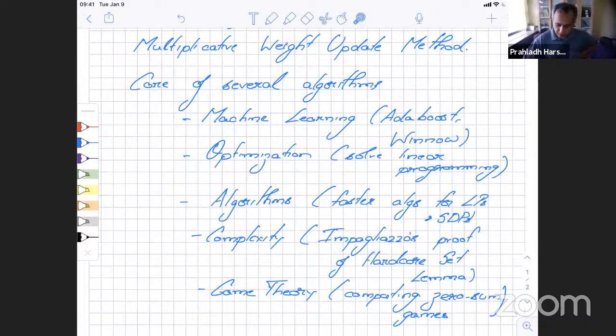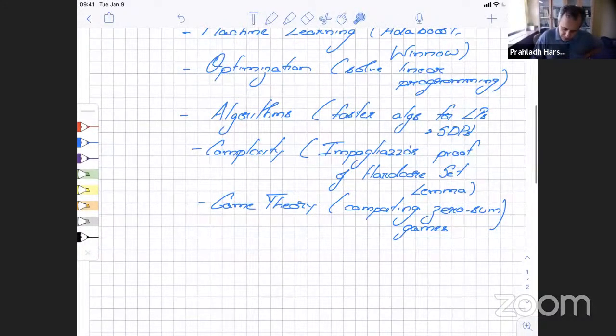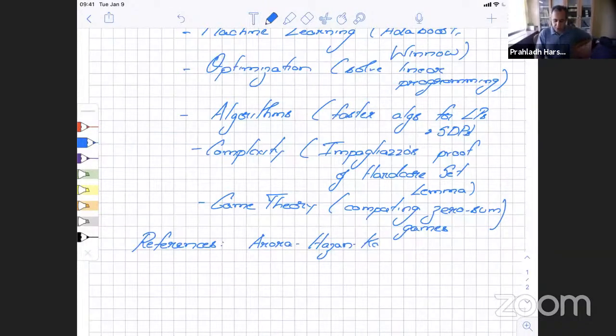Over the next lectures, and just for references, I will be primarily following a survey by Arora, Hazan, and Kale. I'll put this up on the web page as well as on the Academy. This has by now become a standard survey for this multiplicative weights idea.